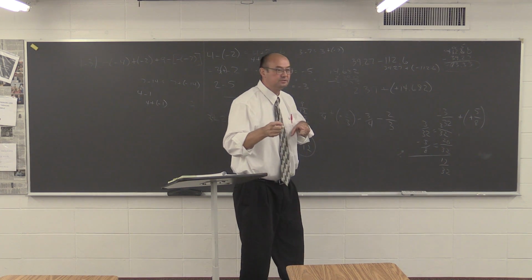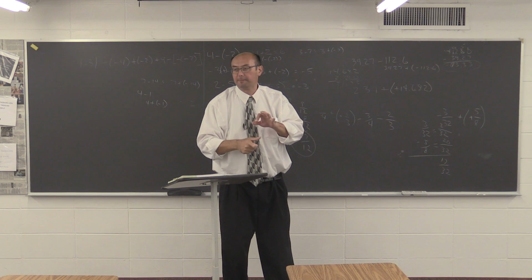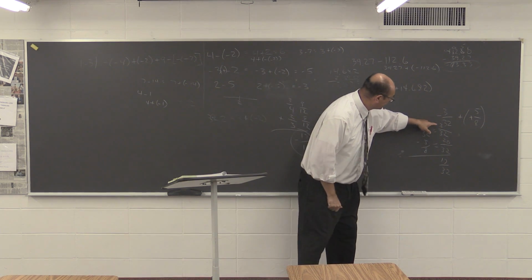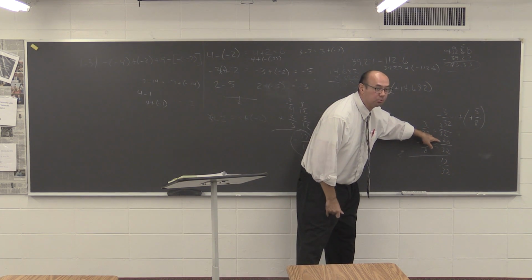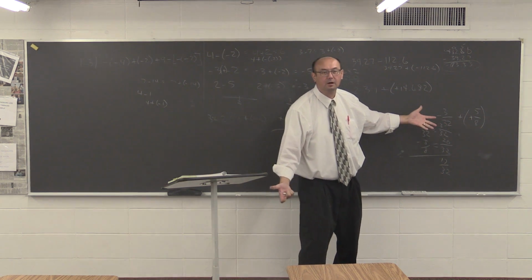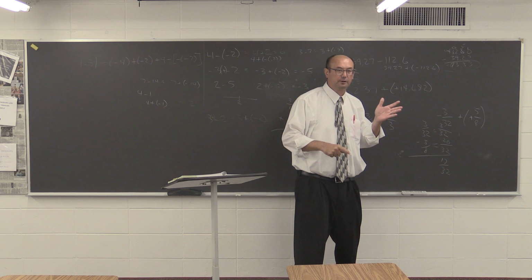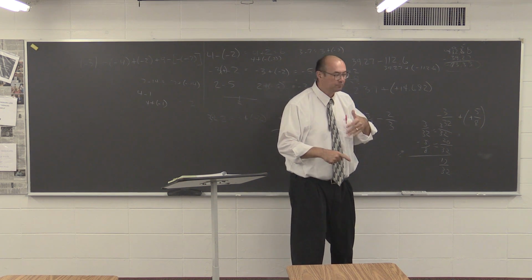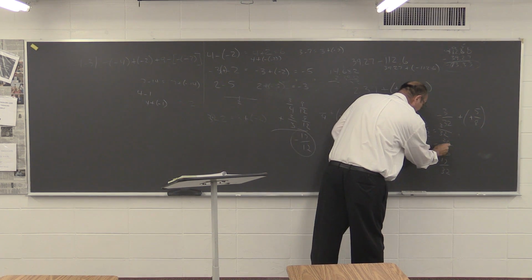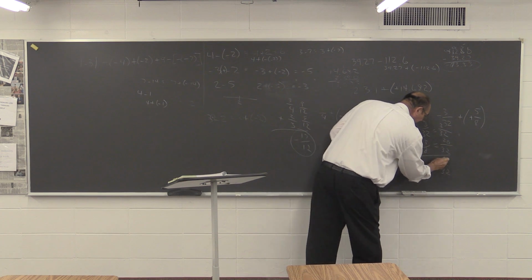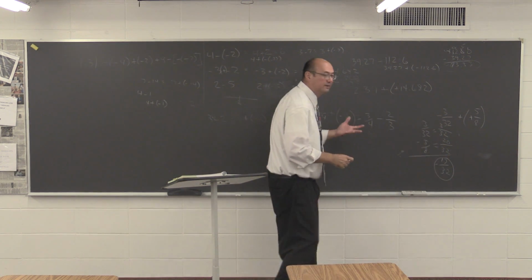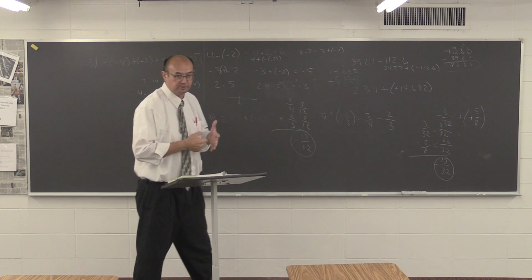The sign is going to be determined by the larger number. Well, if I just look at 3 over 32 and 20 over 32, which would be bigger? The 20 over 32 would be, right? Because the 20 over 32 is just a little bit past half, all right? Because of the numerator. And that number is negative. So negative 17 over 32, okay?